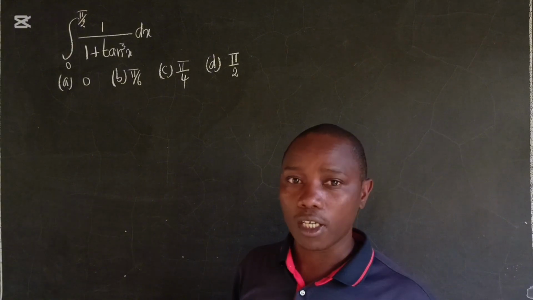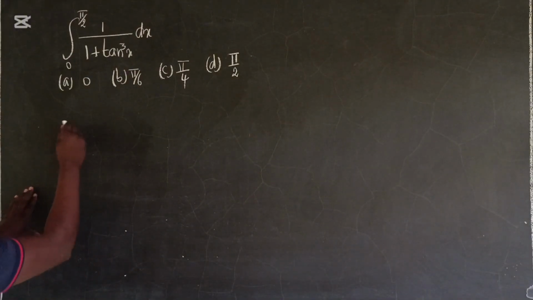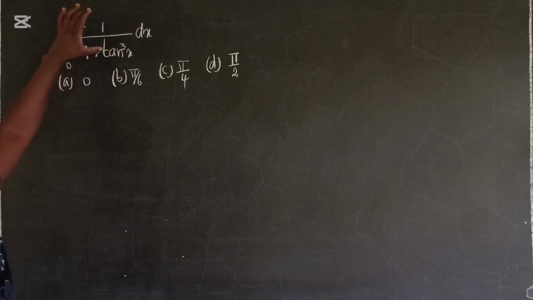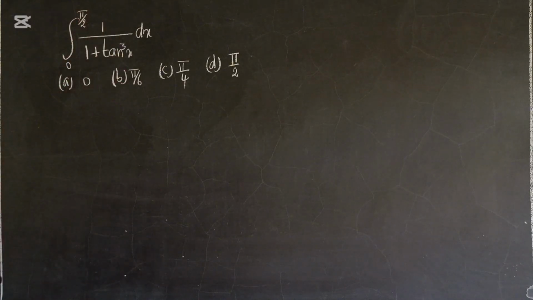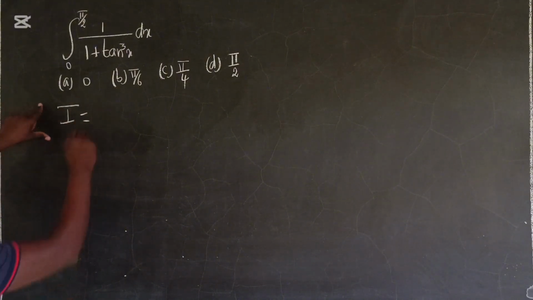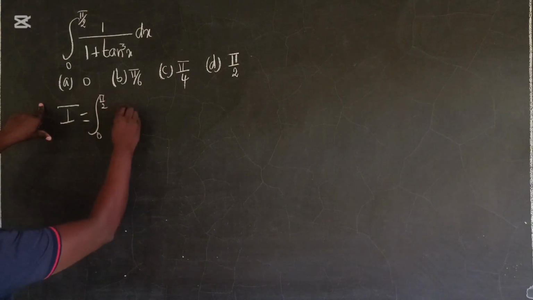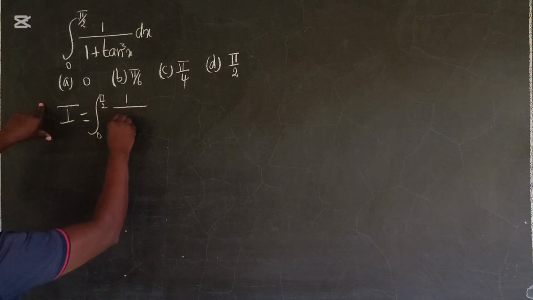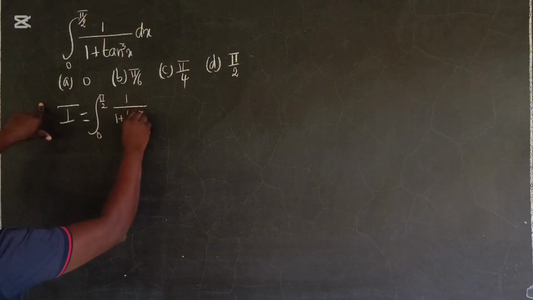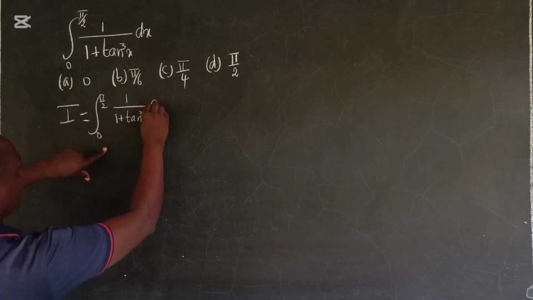Let's look at this. Let's say this is f of x, and we need to find I, the integral from 0 to pi over 2 of the reciprocal of 1 plus tan power 3x, dx.